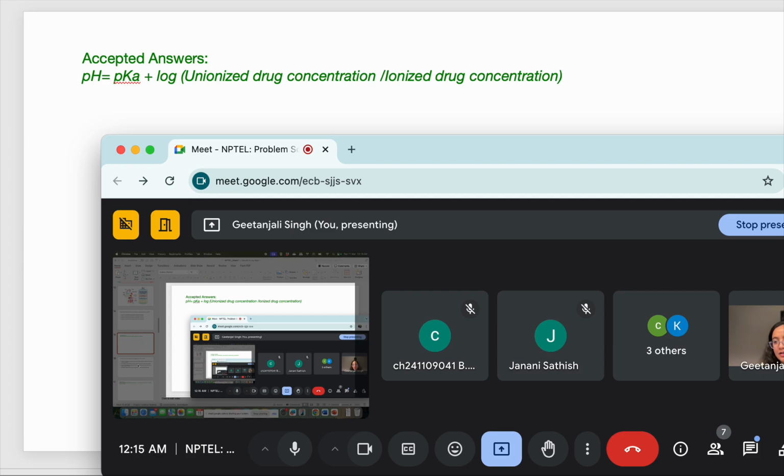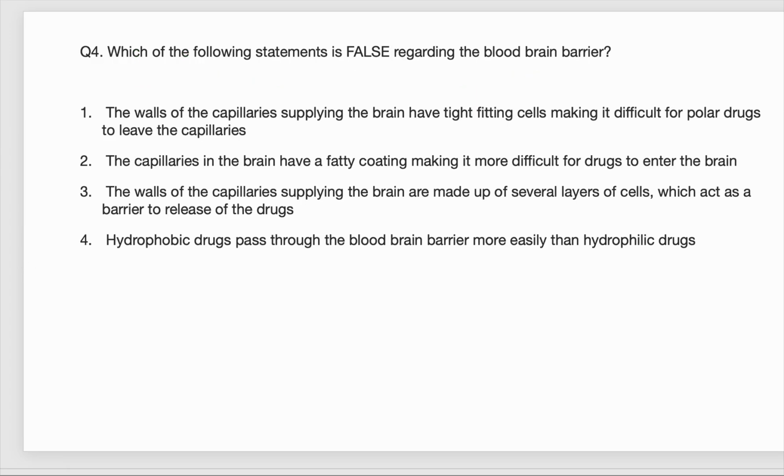Okay, so I'll move to the next question. Which of the following statements is false regarding the blood-brain barrier? This is an interesting question, and I'll discuss the blood-brain barrier briefly. The first option is, the walls of the capillaries supplying the brain have tight fitting cells, making it difficult for polar drugs to leave the capillaries.